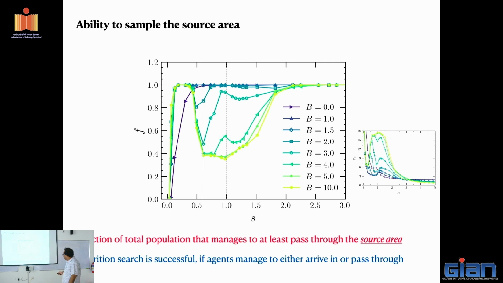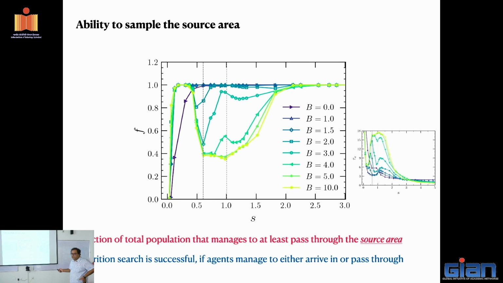Now you see, as I increase s, this f shoots up quickly, and somewhere around swimming number 0.3 saturates to 1. All of them manage to either arrive at or pass through the source area. But if I increase the swimming number slightly further, there is a fall.